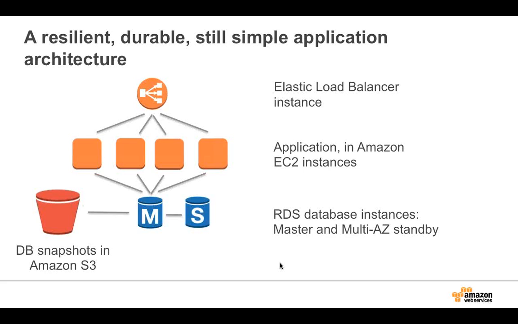And we'll also add in the database snapshots that I described a moment ago. Here on the slide is a highly resilient and durable application that is still very, very simple. We've added multiple application instances to the middle tier, and we have added down on the very bottom a multi-AZ standby for our database, which is ready to take over in the event of any disruption in service of the master.